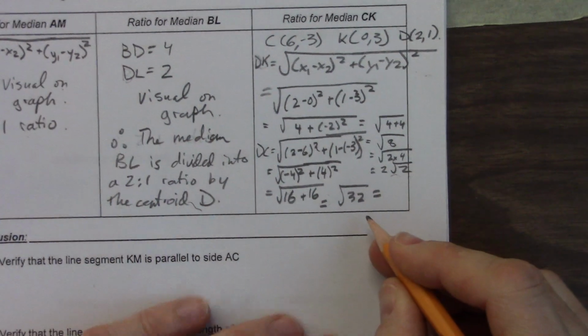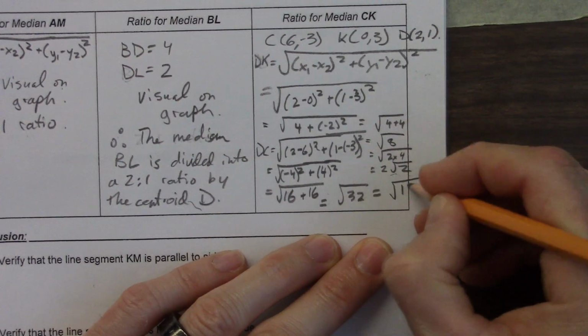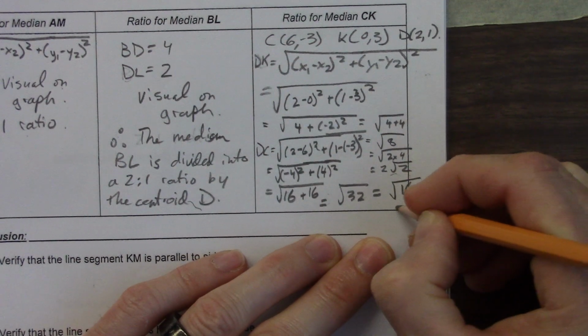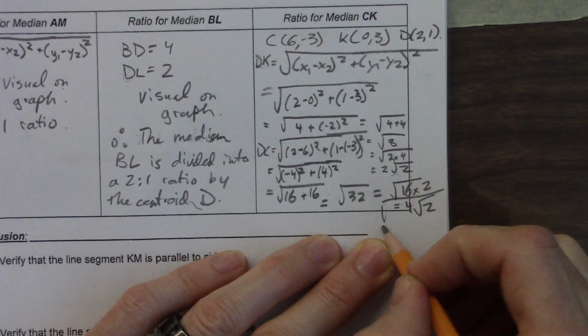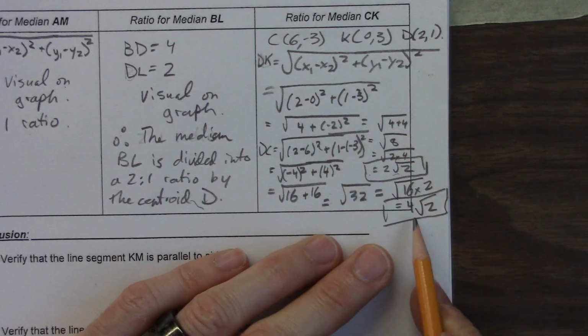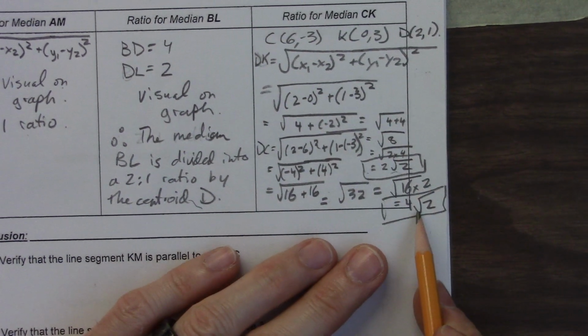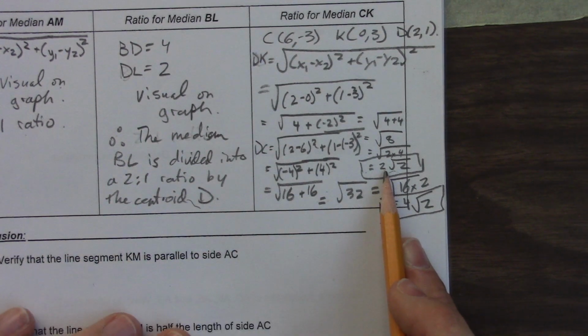Square root of 32 is the same thing as square root of 16 times 2, which is the same thing as 4 root 2. Now you can double check this on your calculator, but I can see here that DC is twice the distance of DK.